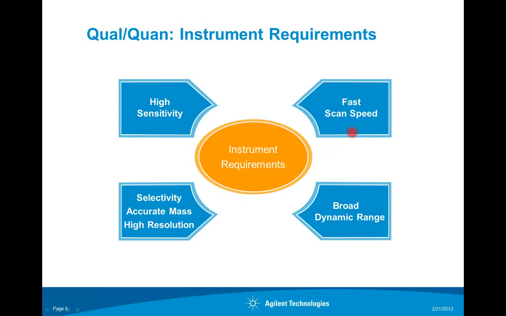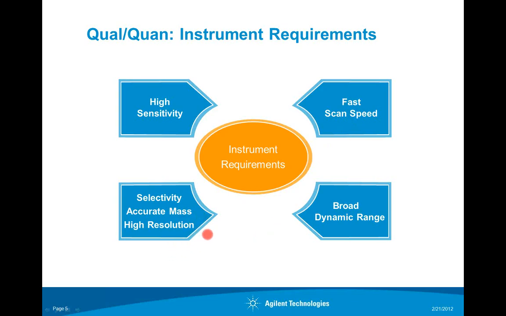Secondly, the mass spectrometer also has to offer a scan speed fast enough to accommodate the narrow LC peak width to achieve rigorous quantitation, as well as to meet the throughput expectations.